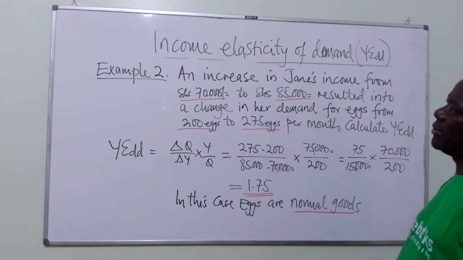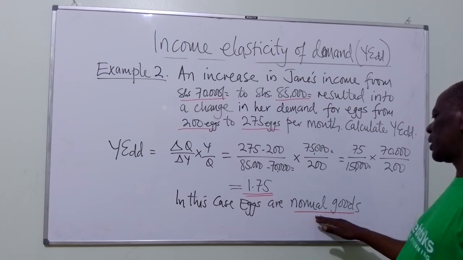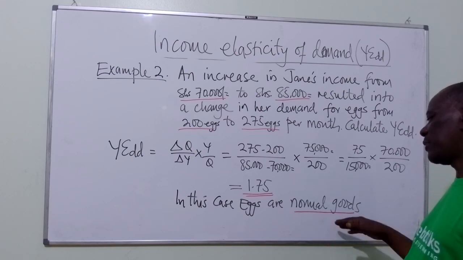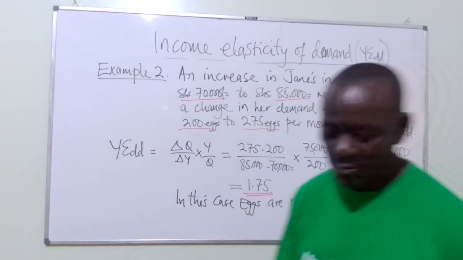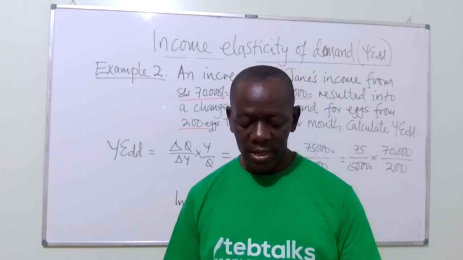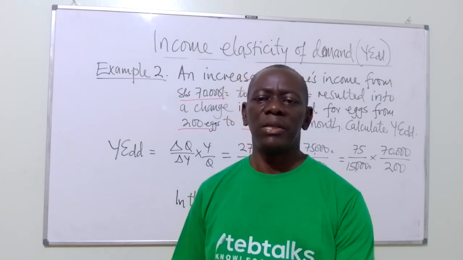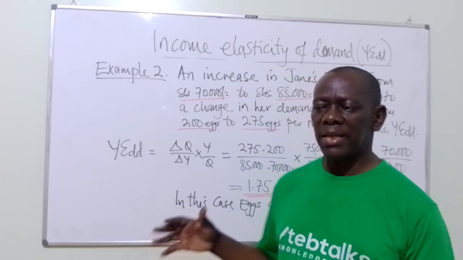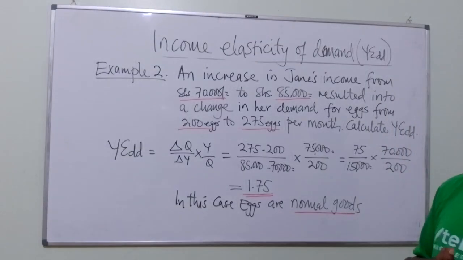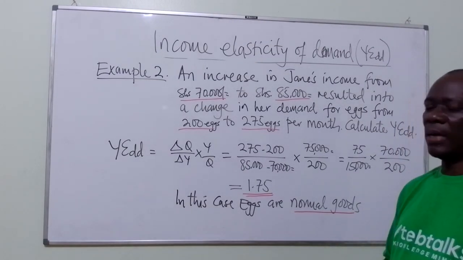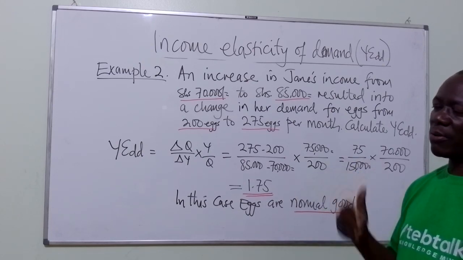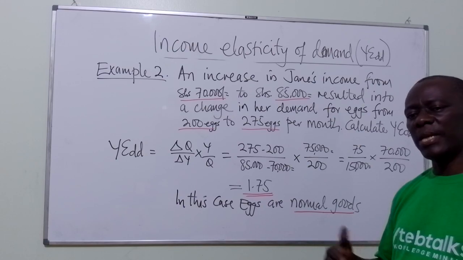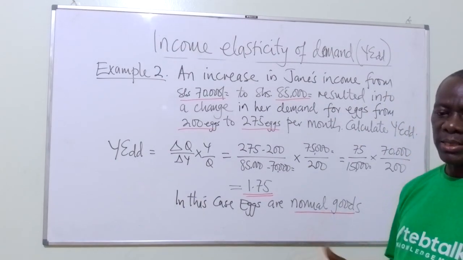So this is the example of the income elasticity of demand, which takes us to a normal good. The previous one took us to an inferior good. And I'm sure at this moment you have mastered what these elasticities stand for. When we move to another topic, called population and labor, we are going to come across what we call the wage elasticity of demand.